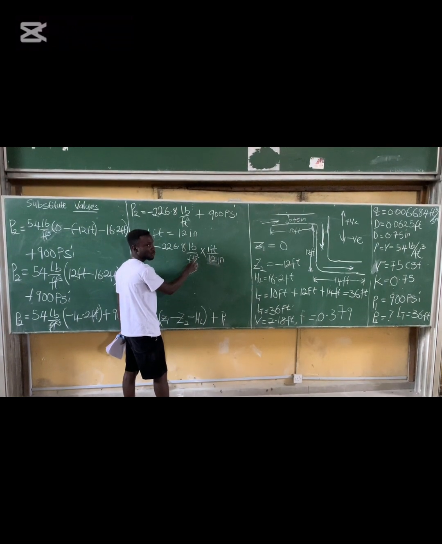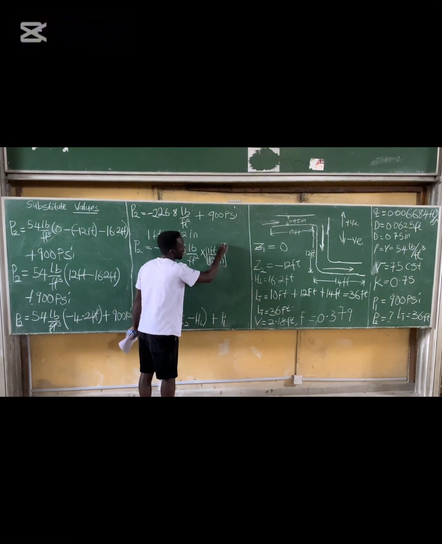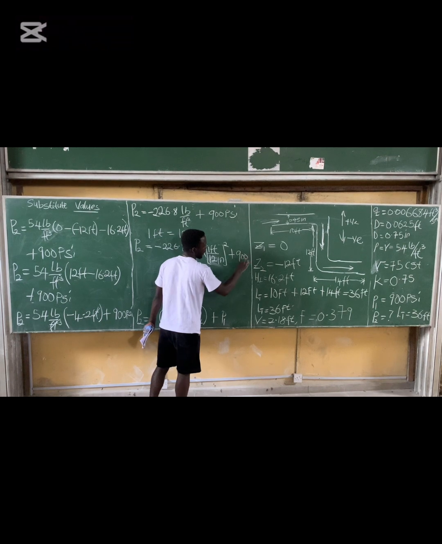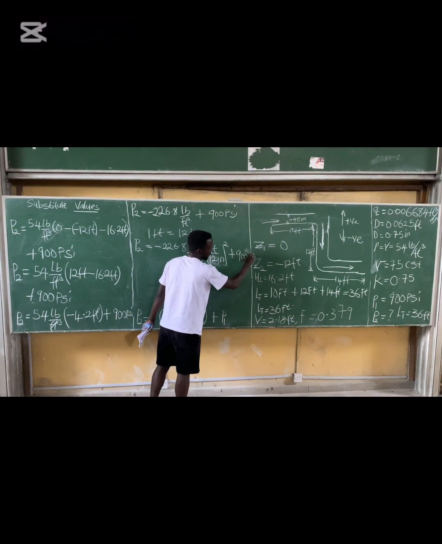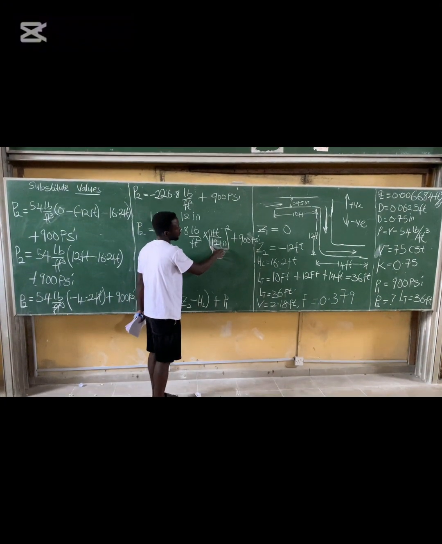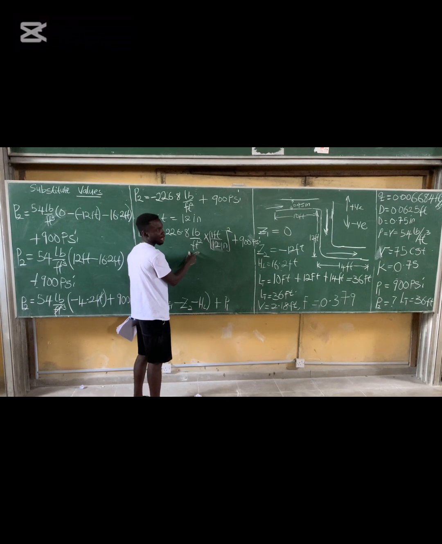But the feet here is squared. For us to get feet square, we have to square everything here, plus 900 psi. Remember that we are doing this so that psi here will be psi also, pounds per square inch.